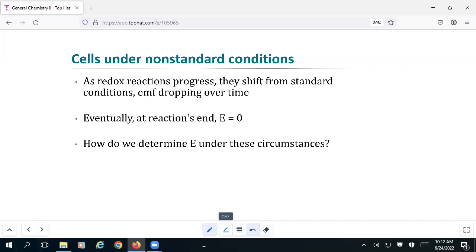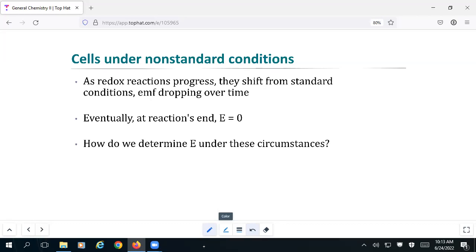When that battery dies, what we have in that circumstance is a value of E equal to 0. And we know that all batteries degrade over time. The battery fresh out of the package is a lot more efficient, requires a lot less shaking it up and thumping it against the table than the battery that is just barely hanging on and can work for a little bit, but then it kind of stops working.